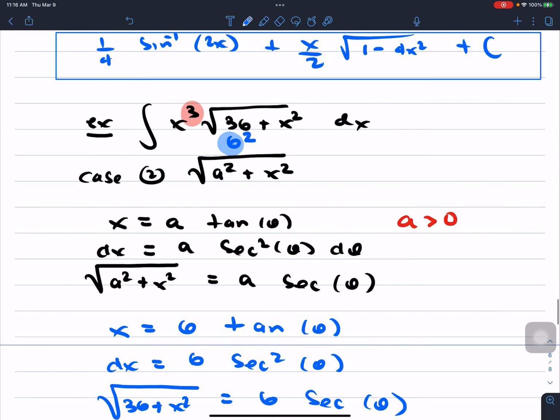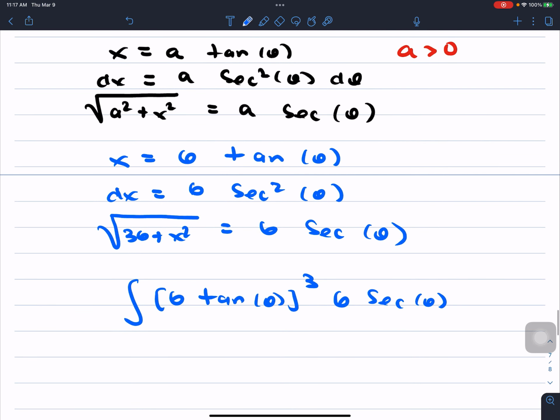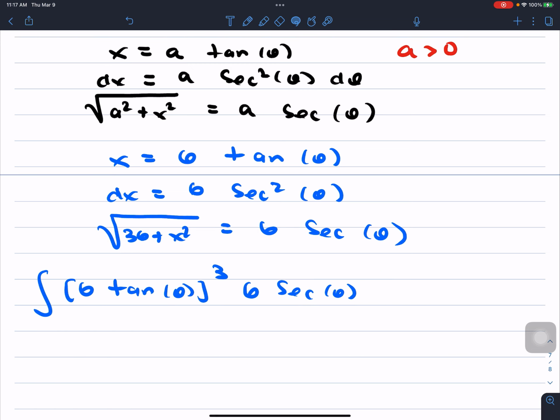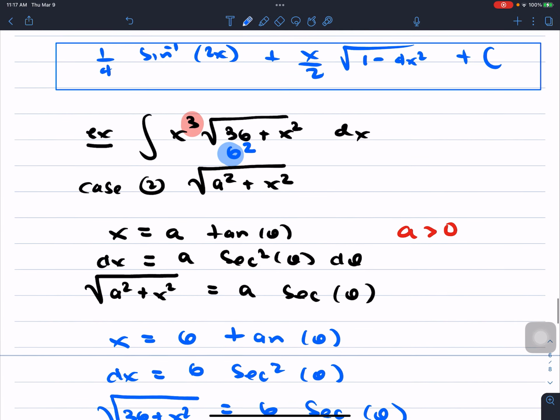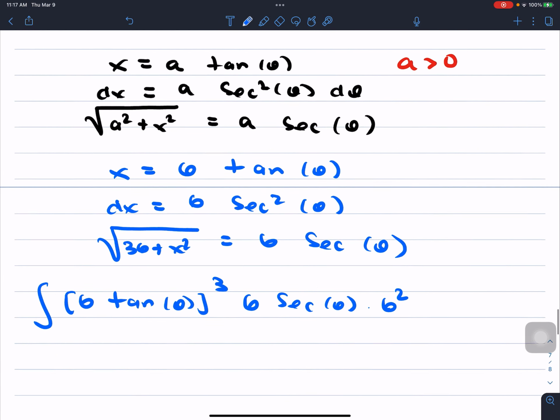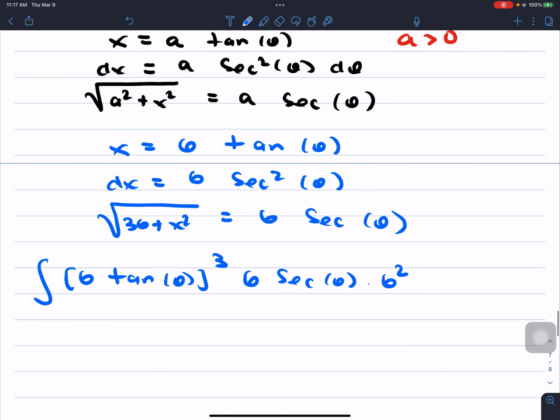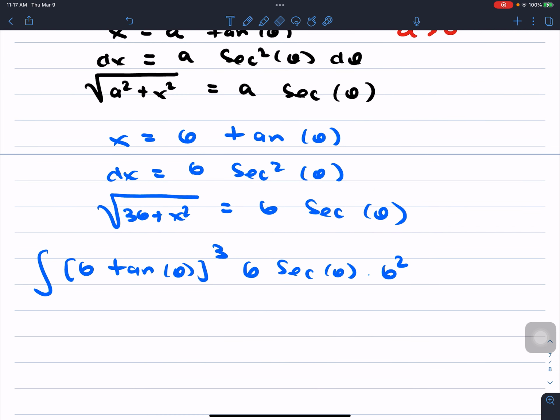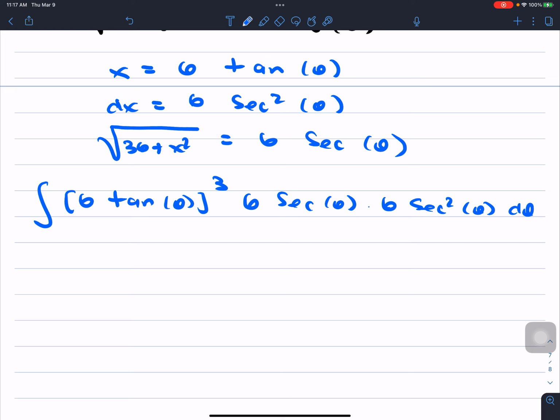What is dx? 6 secant squared theta. Okay? This is the trigonometric substitution.